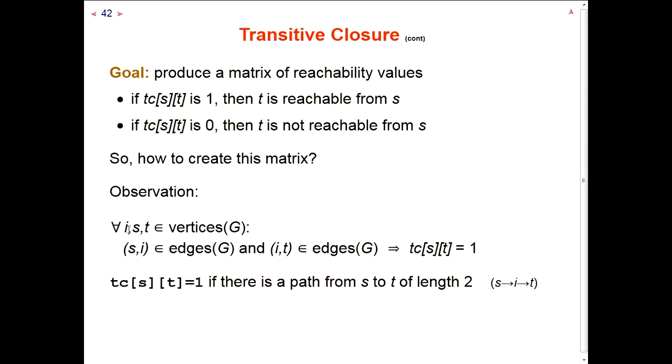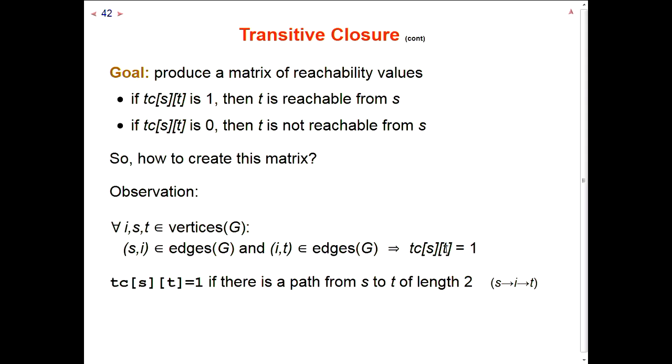For all vertices I and S and T, if I can be reached from S via a directed edge, and if you can go from I to T via a directed edge, then the transitive closure matrix entry ST must have a 1.